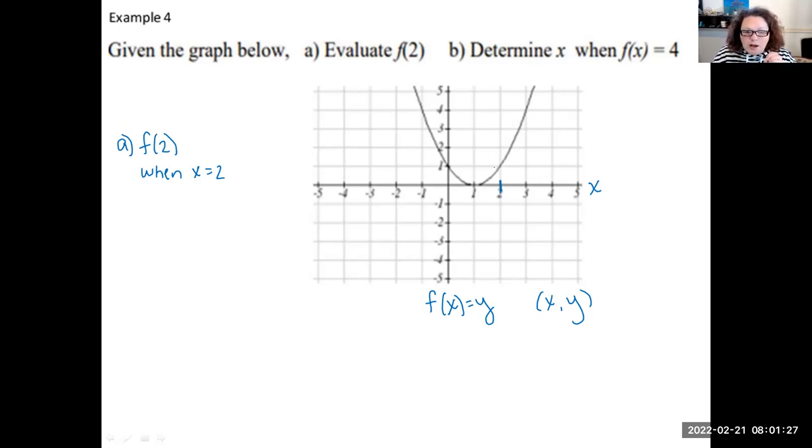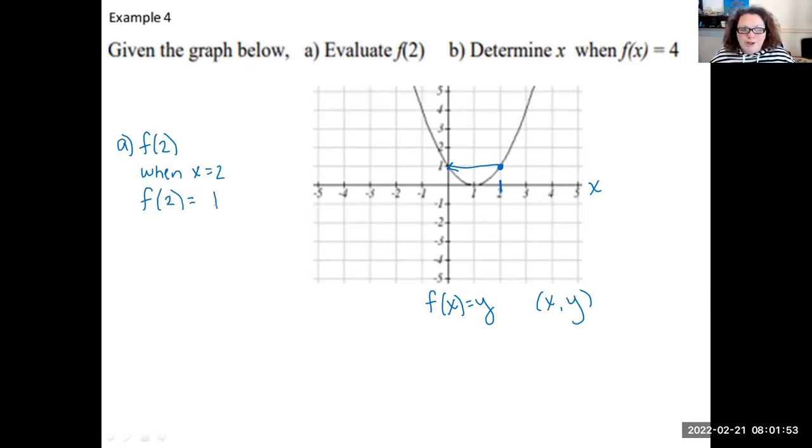Where does X cross at 2 on the line? It crosses right here. Okay, where is that in relation to the Y line? I can just take that and go over here and point. It's 1. So when X is 2, Y is 1.